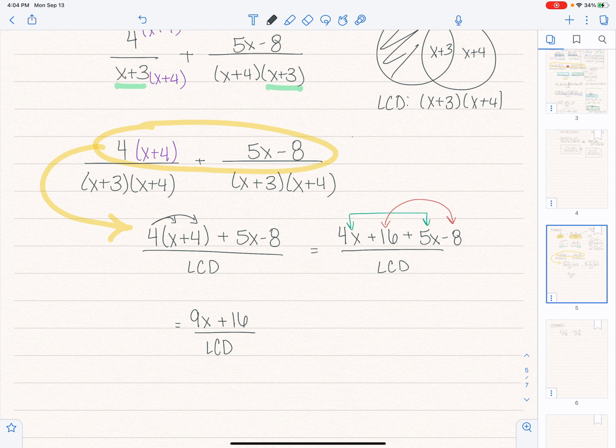Looking at that, 9x and 8 don't have anything in common. So my final answer would be 9x plus 8 over x plus 3, x plus 4, because there is nothing that I can factor out of the numerator, therefore there's nothing that could cancel.